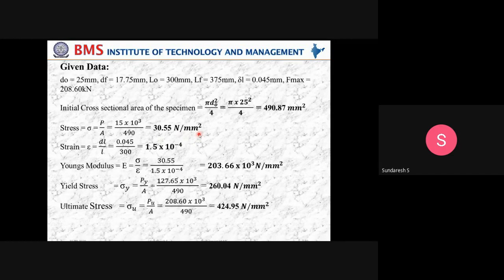How much exactly are you getting? 15 into 10 power 3 divided by 490.87. I got 30.57. 30.55 we are getting. You get 30.55. Check.